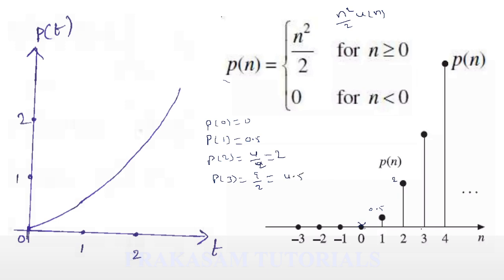At n is equal to 3, the strength of the signal is drawn by upward direction vertical arrow, 4.5. So like that it is shown. And for negative values of n, n is equal to minus 1, p of n is 0, n is equal to minus 2, p of minus 2 is 0. So this is the concept of the unit parabolic function.